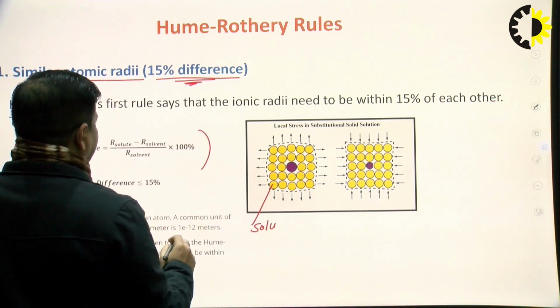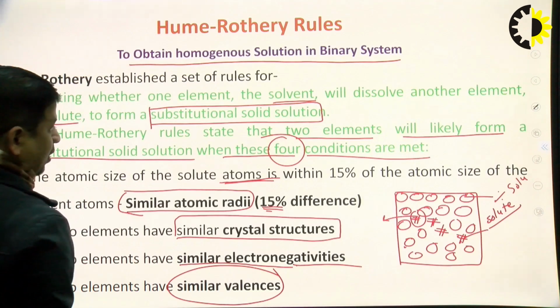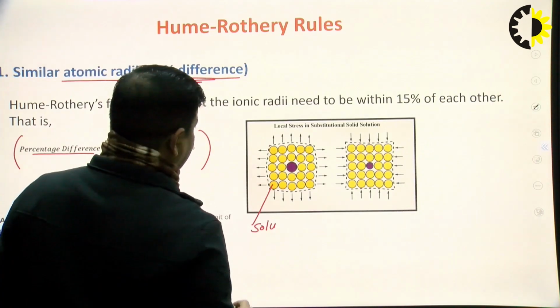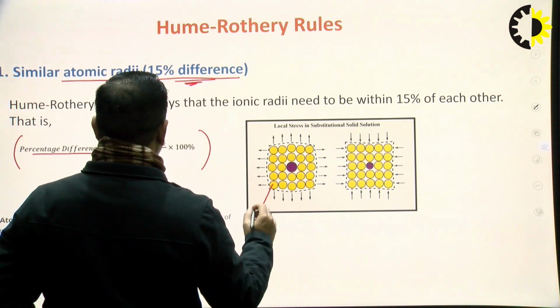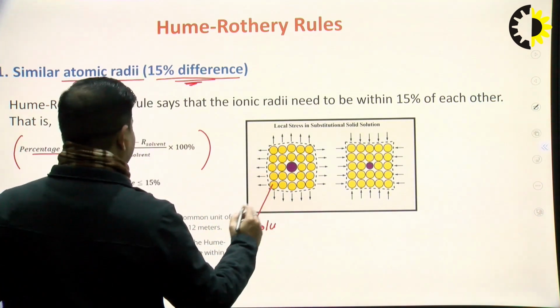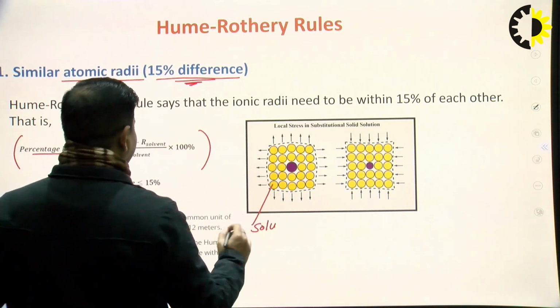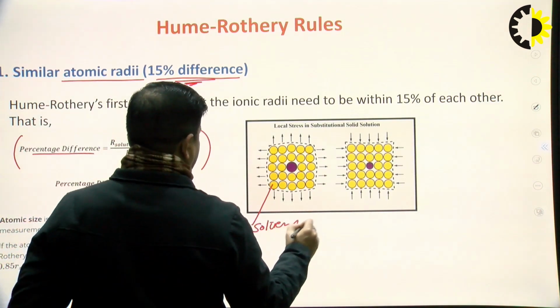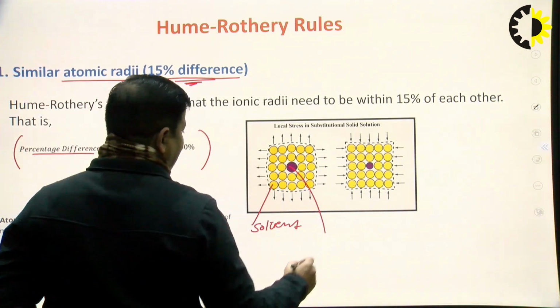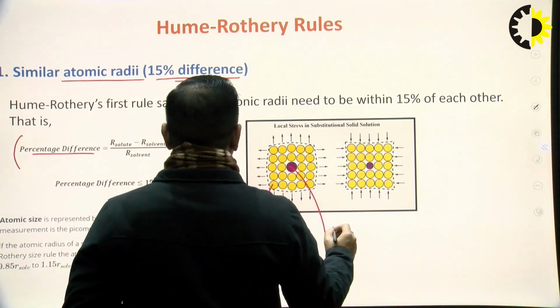And here this is the solvent. This yellow color, the major percentage present here, is the yellow element, so this is known as the solvent. And this particular element is known as the solute.